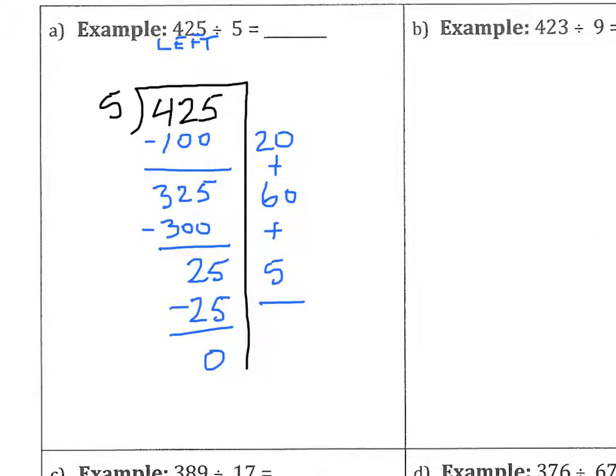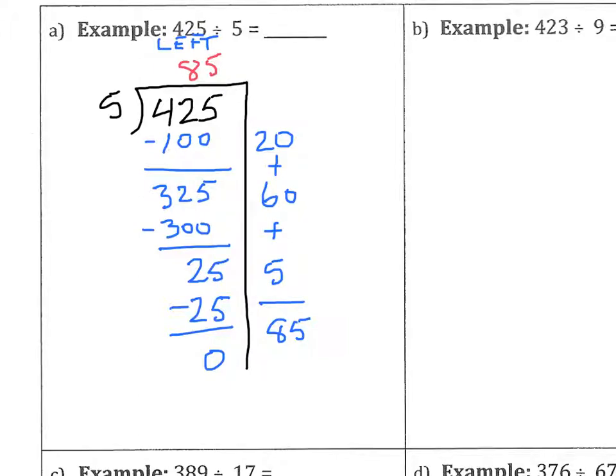I get 20 plus 60 plus 5 is 85. My answer is 85. 5 times 85 is 425. 425 divided by 5 is 85.